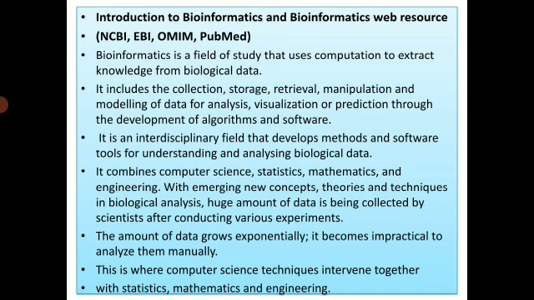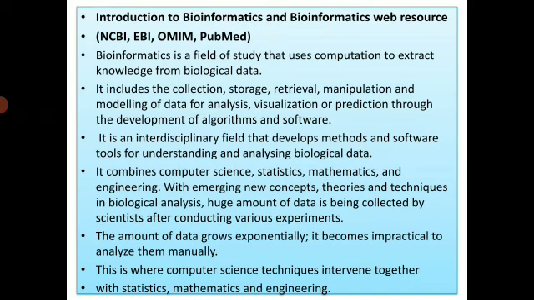A huge amount of data is being collected by scientists after conducting various experiments. In simple words, if you have a lot of data about DNA, it is very difficult to analyze because it may be a hundred pages about genome sequencing.